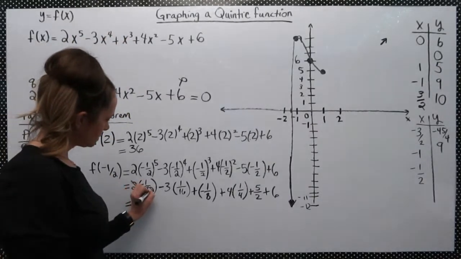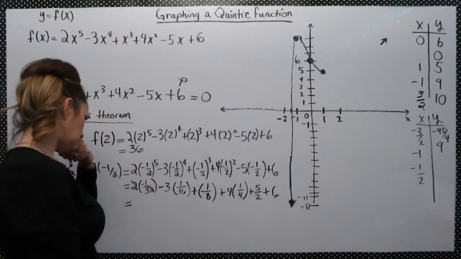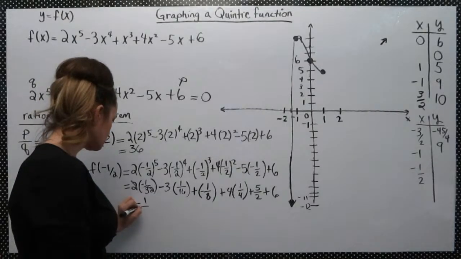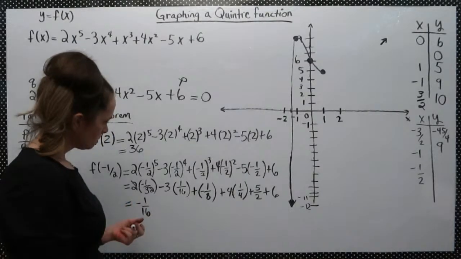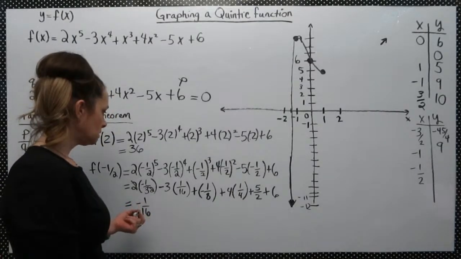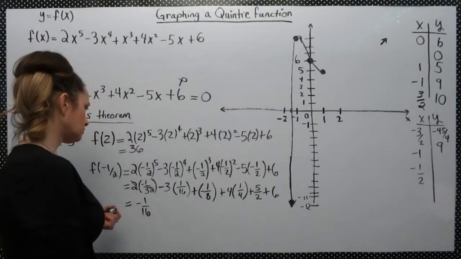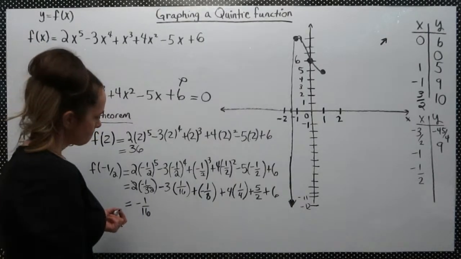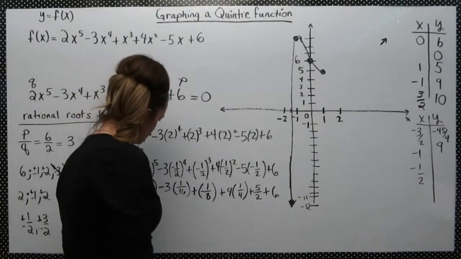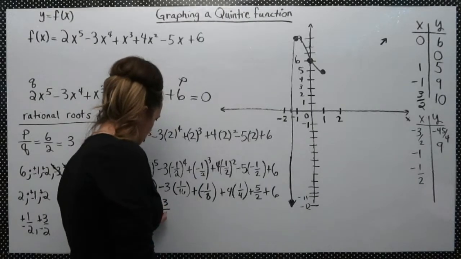That's going to reduce down. Half of 32 is 16. So that's -1 over 16. 3 doesn't divide 16 yet. No. -3 over 16.